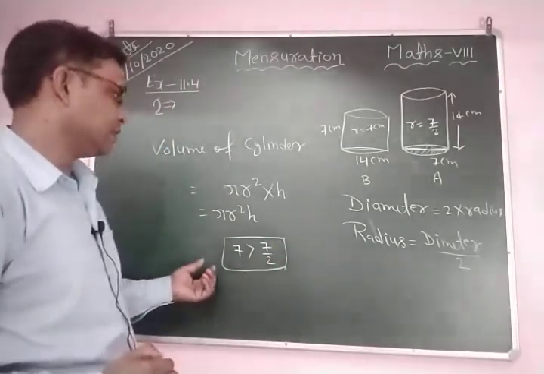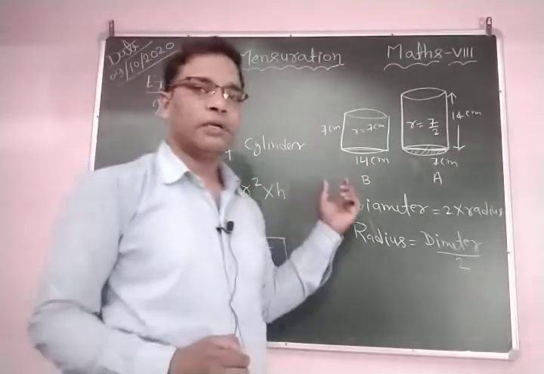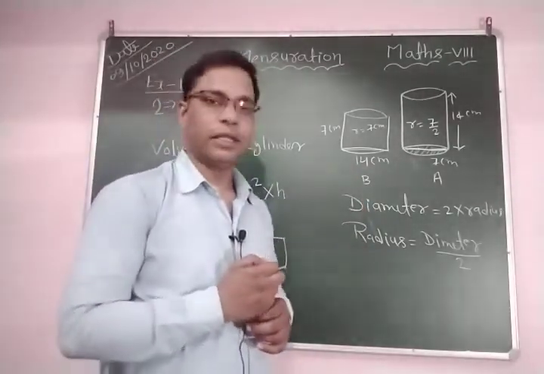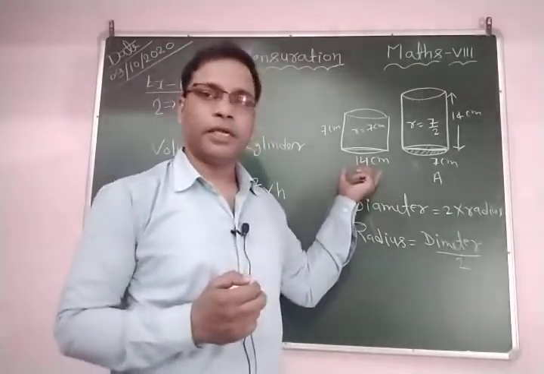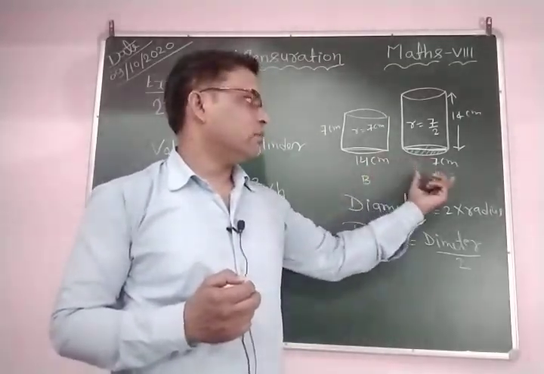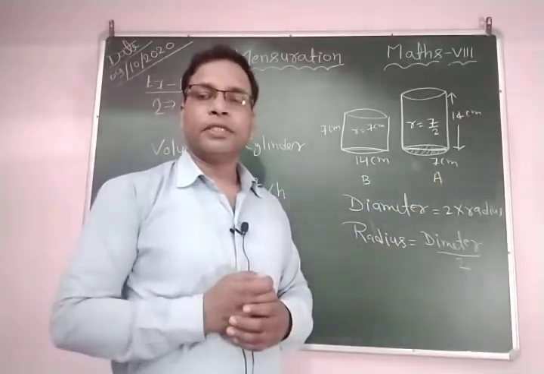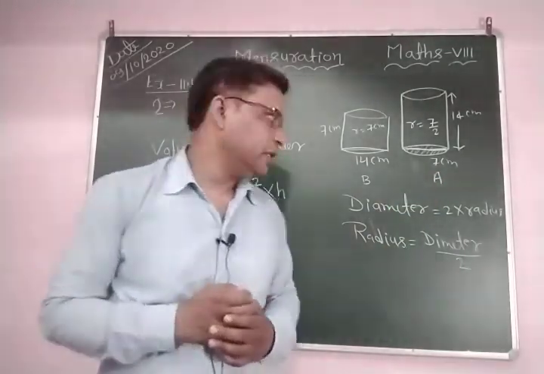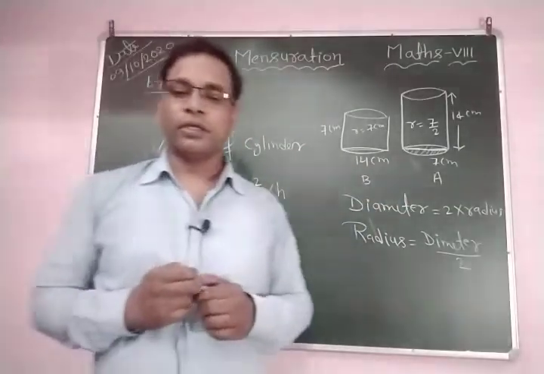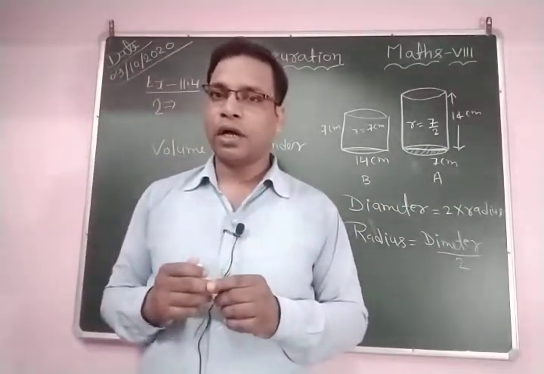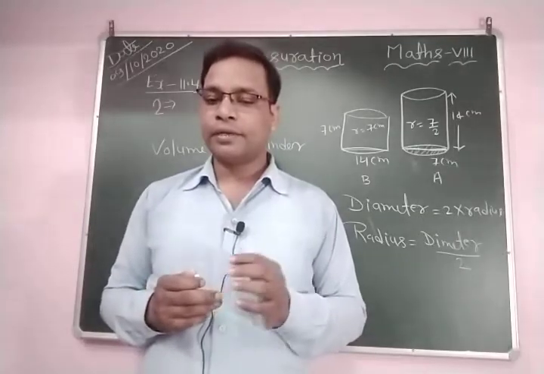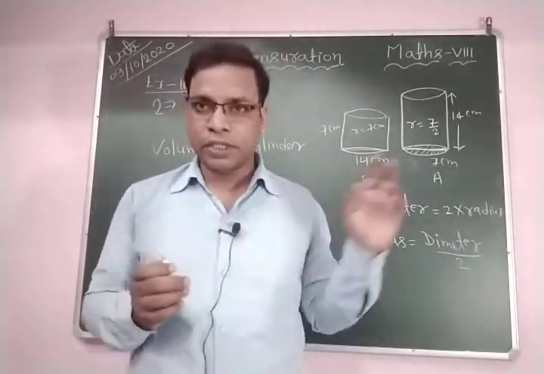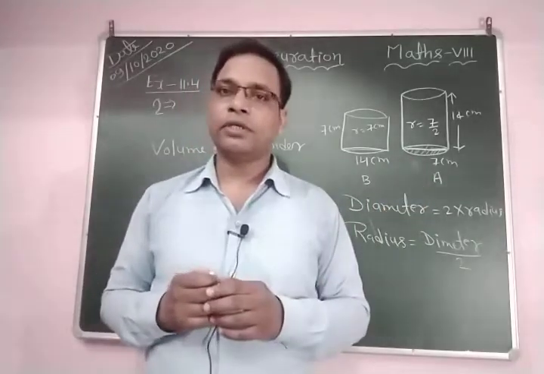So we can say the volume of cylinder B is greater than the volume of cylinder A, because the radius of cylinder B is greater than the radius of cylinder A. I hope all of you understood how to find the greater volume of these two cylinders without any calculation.